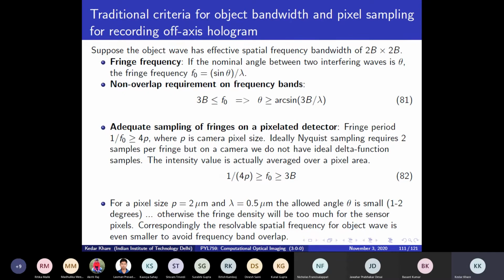So if you try to see fringes recorded on camera, you will see them as fringes only if you have 4 pixels for a fringe. Otherwise, the function may not look like even sinusoidal fringes. There will be a lot of artifacts on how the fringes look in the first place.